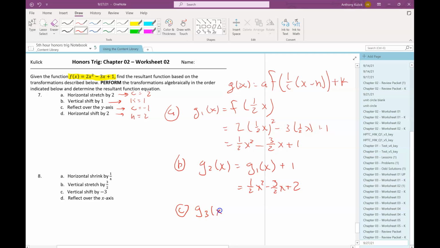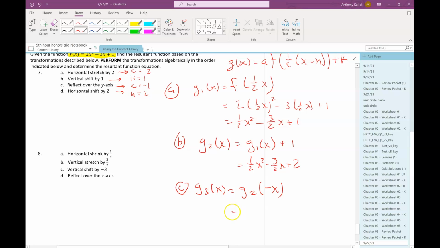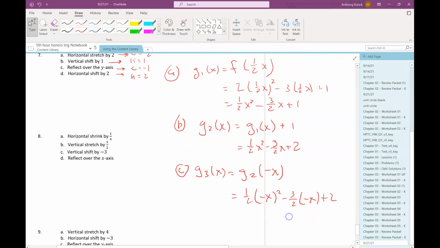For part C, I'm going to take the previous function and plug negative x into it, since C is -1. So negative x squared is still x squared.